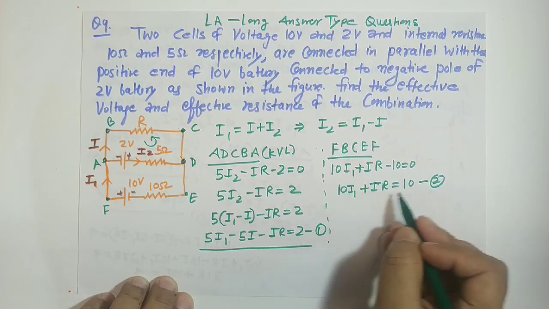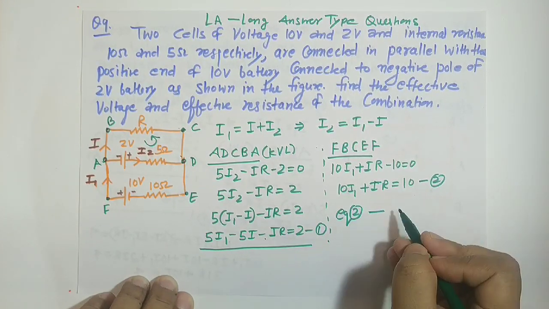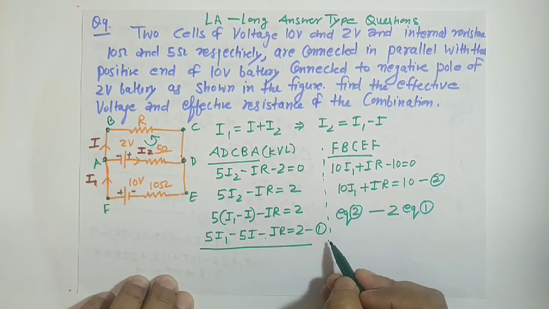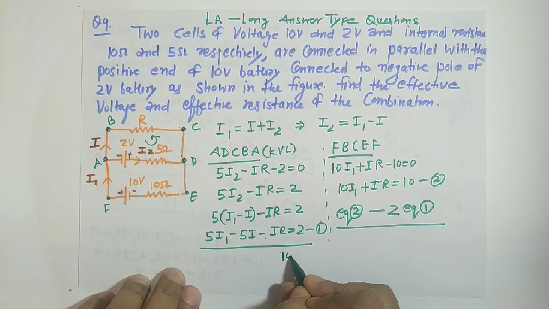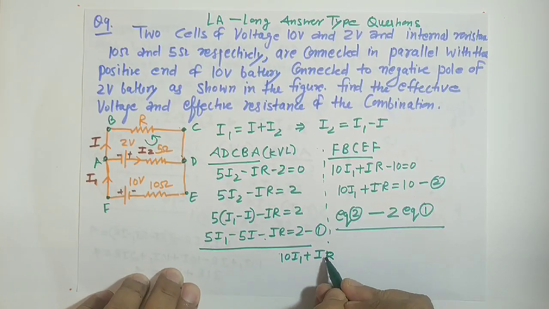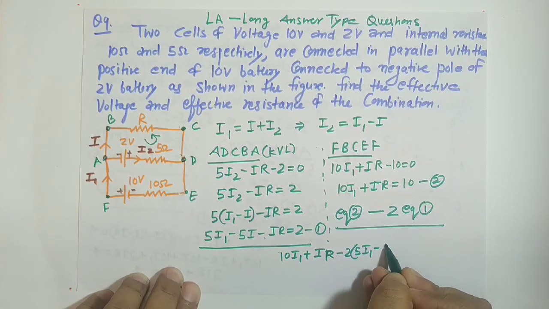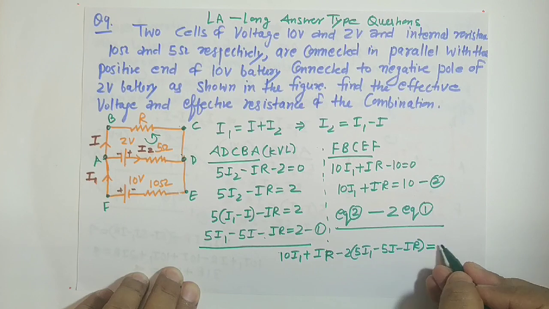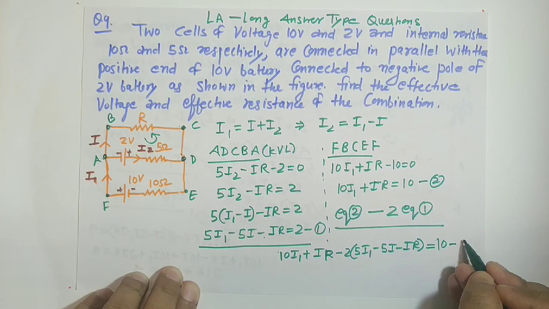We subtract 1 from 2. Now equation 2 minus twice of equation 1. See, twice of this, so I am going to subtract it from this one. See here how I am going to do it. It will be 10 I1 plus IR, and then minus twice of 5 I1 minus 5 I minus IR, and on the right side 10 minus 2 times 2, which is 4.